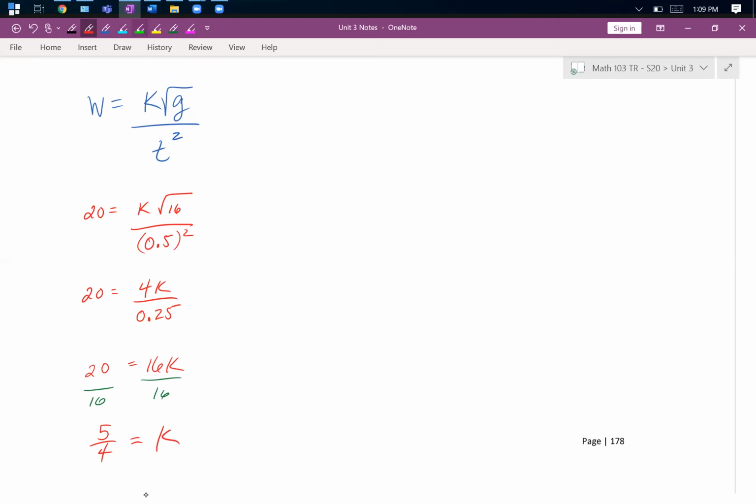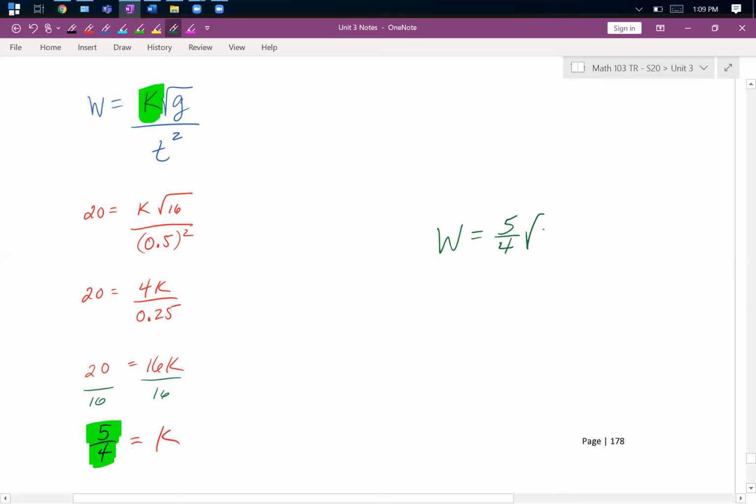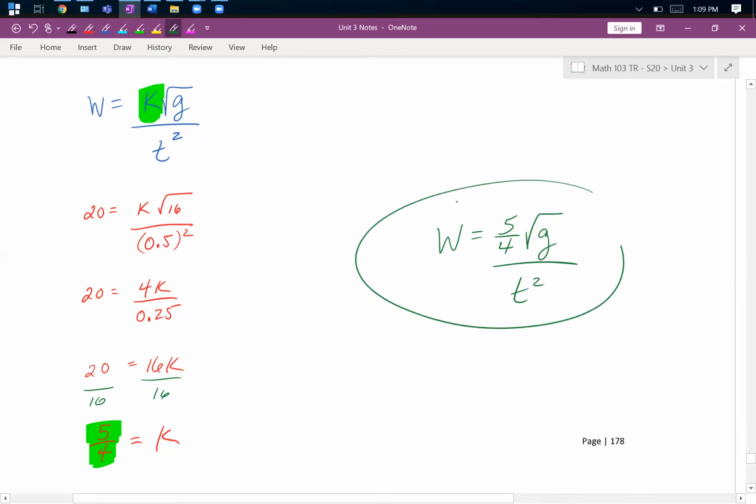Now that we've solved for K, we're taking this number 5/4 and plugging it in for K into that general equation. We end up with W equals 5/4 times the square root of G all over T squared. Now it's not ideal to leave that 5/4 in the numerator because we have a complex fraction, but I'm not going to stress over it.